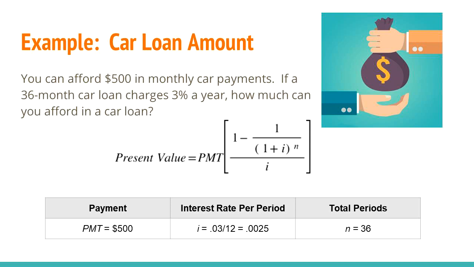I'm going to be using this formula here, and notice that I have many of the same variables. I do have the payment, which is known. I is still the periodic interest rate. In this case, it's still monthly payments, so 0.03 divided by 12. And my total periods is going to be the 36 months, the length of that loan.